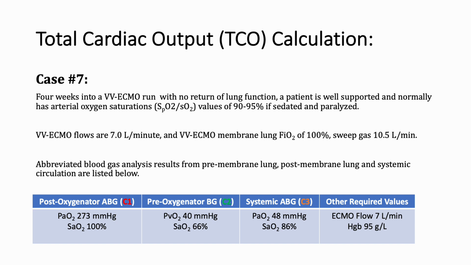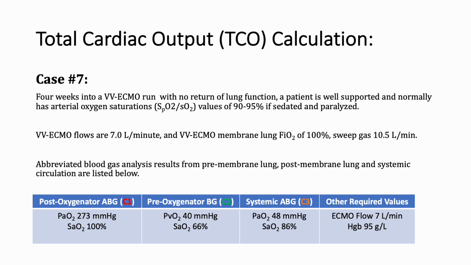So we can run through case number 7 here. So for 4 weeks into a VV-ECMO run with no return of lung function, a patient is well supported and normally has arterial oxygen saturation, so like SpO2 or SO2 values, of between 90 and 95 if sedated and paralyzed. VV-ECMO flows are 7 liters a minute, and the VV-ECMO membrane lung is at 100% FiO2 with sweep gas at 10.5 liters a minute.